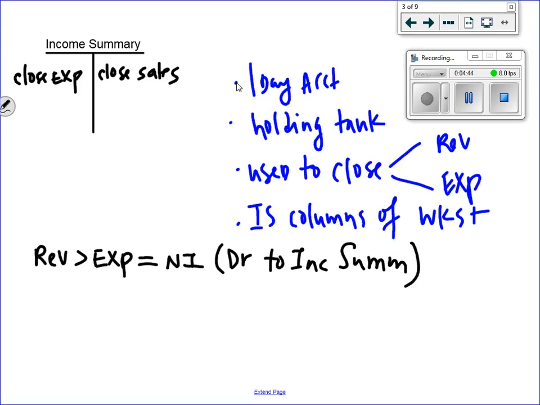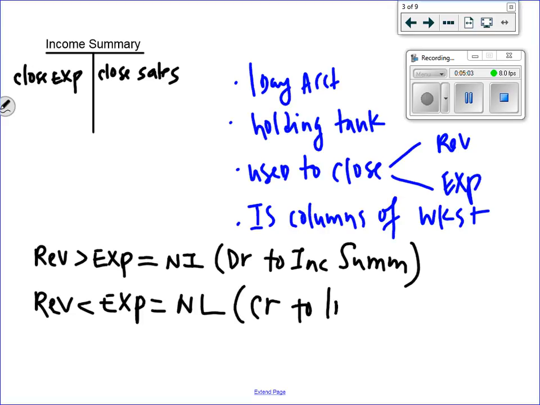That's going to be 9 times out of 10 that's going to happen. The next problem that we do together is actually going to be a net loss. I want you to see how this looks from a net loss perspective, and I'll walk you through it. So if revenue is less than expenses, in that rare case, we would have a net loss, and it would be a credit to income summary. So then what I'd like you to do here, put two boxes.